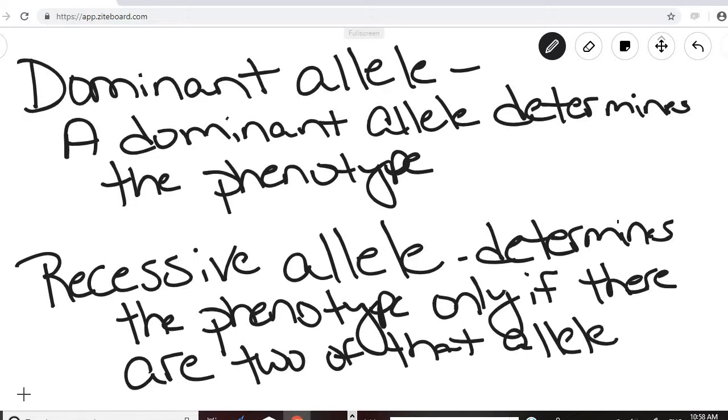So, in other words, for a dominant allele, you only need to have one of those alleles in order for that allele to determine the phenotype. Whereas if it's a recessive allele, you have to have two of them to determine the phenotype. So let me give some examples to make that a little more clear. So we're going to say that T is tall and lowercase t is short.